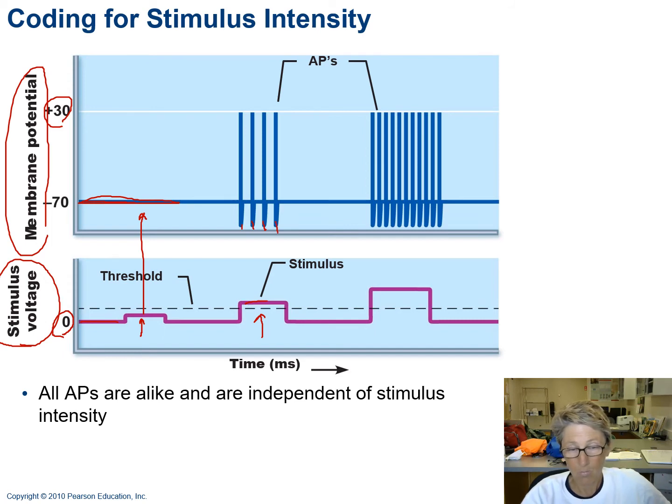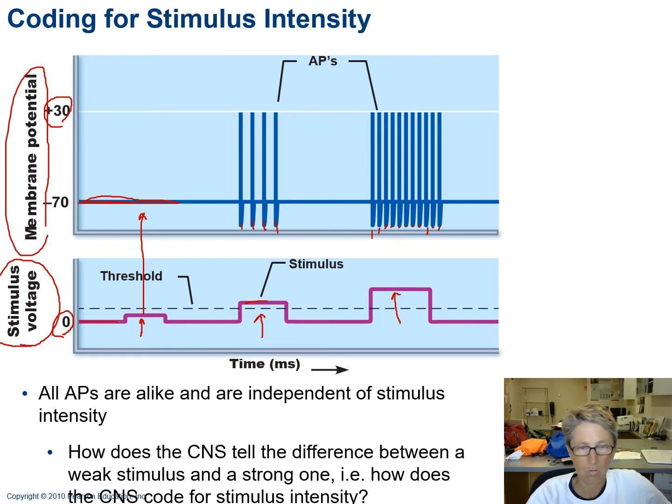Now look at this graph. Here the stimulus is bigger than the previous stimulus, and you fired 11 action potentials within a period of time. So the stronger the stimulus, the higher the frequency of action potentials that you'll fire.